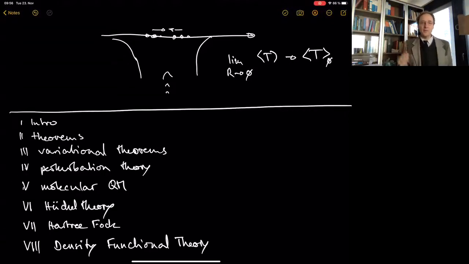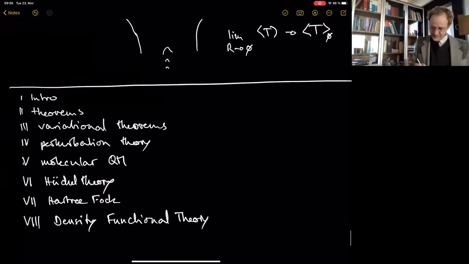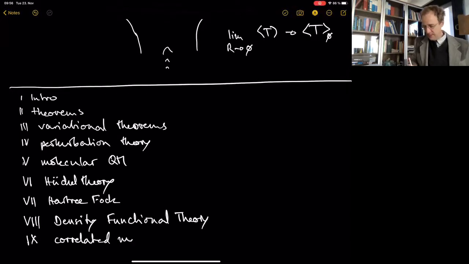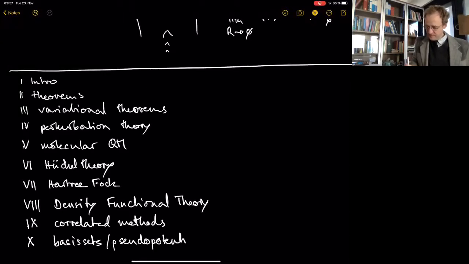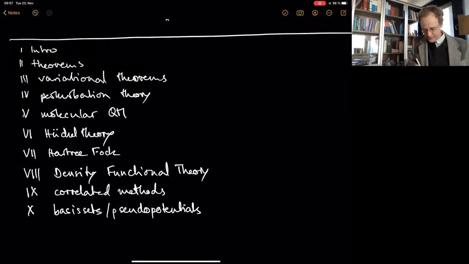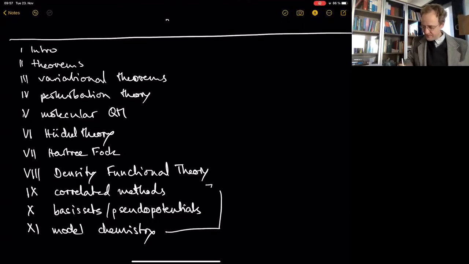Depending on how quickly we proceed with these, we might also be able to briefly introduce correlated methods, as well as more technical points, such as basis sets, pseudopotentials, and possibly, I doubt we'll get there, but possibly, if we manage to get there, also what is known as model chemistry, which basically attempts to negotiate these two aspects of computational chemistry.